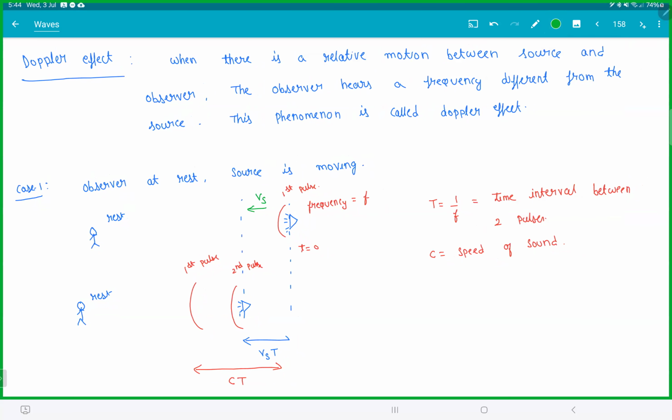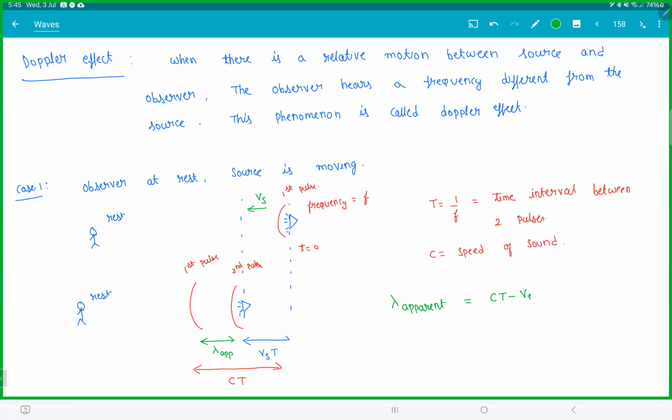Now, how do you define wavelength? It's the distance between two troughs or two crests. Now you're sending the two pulses with this. This distance here is called lambda apparent. So the observer will start thinking the distance between the waves is not lambda, but something else now. So we call this lambda apparent, the apparent wavelength. This is nothing but cT minus VsT.